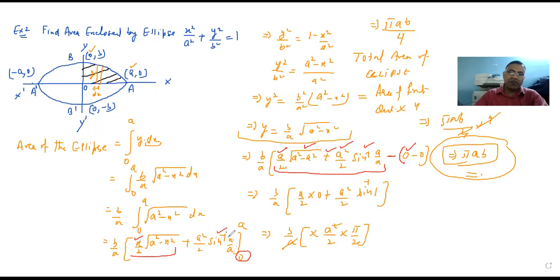Sin inverse 0 is 0. So that is the reason I have written the second 0. I know that when I put 0 here, my first term will become 0. And when I put 0 here, where I am underlining that 0 over a, this is 0, sin inverse 0 is 0, 0 multiplied by anything is 0. So I have written two zeros, that is the reason.